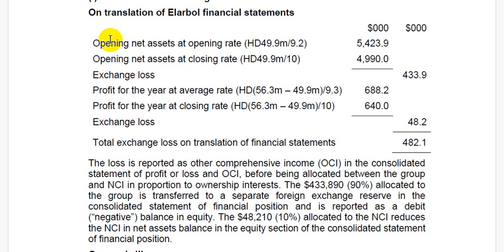That is the opening rate. This translated at the closing rate is now 4,990,000. In net assets, we can see that they've lost value by $433,900.